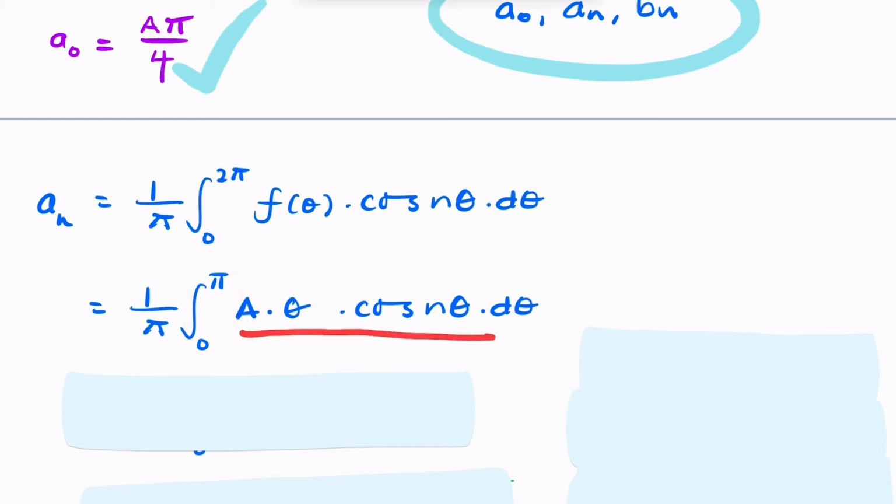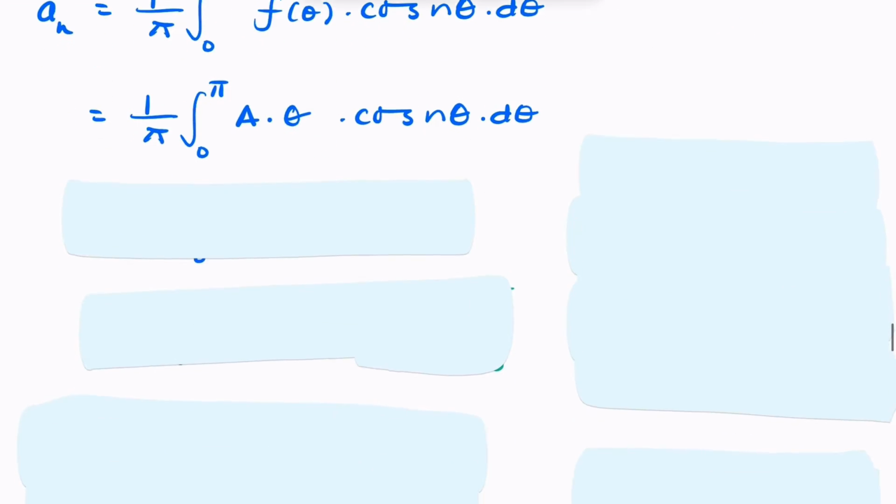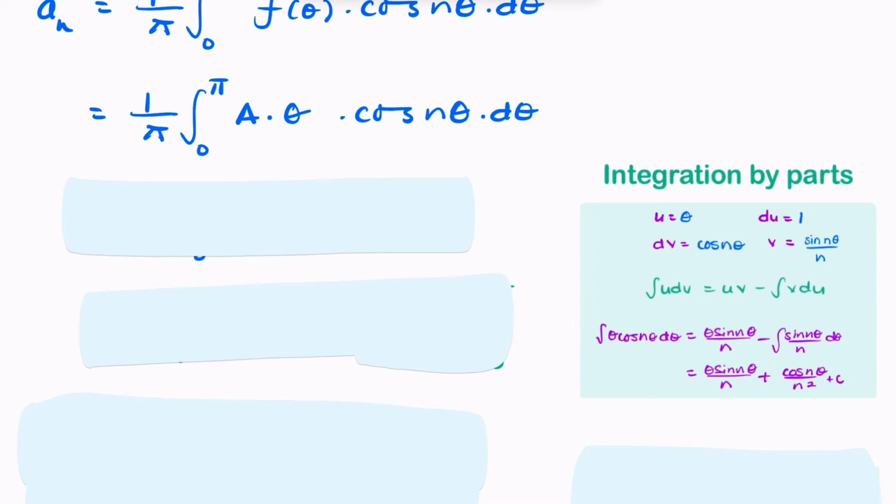Now here, it's a less easy integration because you've got theta and cosine theta, and they're multiplied. And it isn't straightforward integrating theta cosine theta, or x cosine x. So because of the multiplication, because of the product, we're going to need some other technique, in this case, integration by parts.